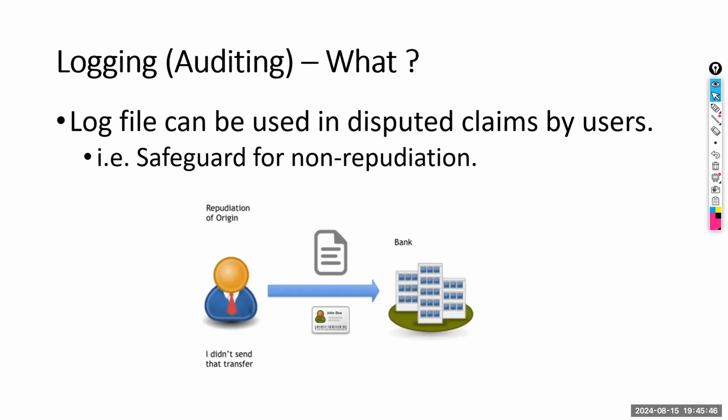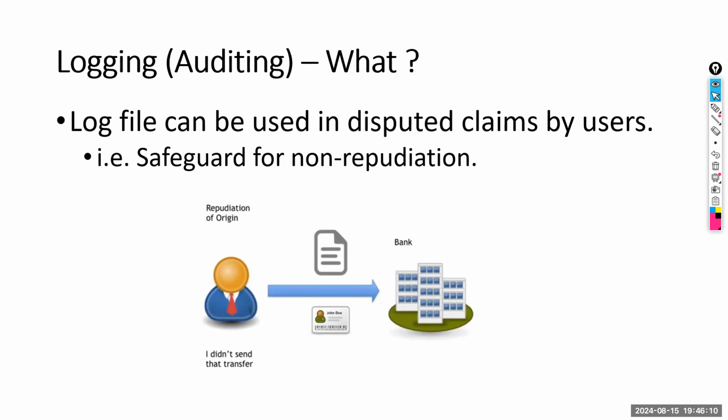So then the system has a log file saying you have logged in at this particular time from this particular IP address. Then you did this particular transfer, this particular transaction. So when you go and say, I haven't done it, they can check the log. And if you say, I have done it, they can check the log and see whether actually you have done it.